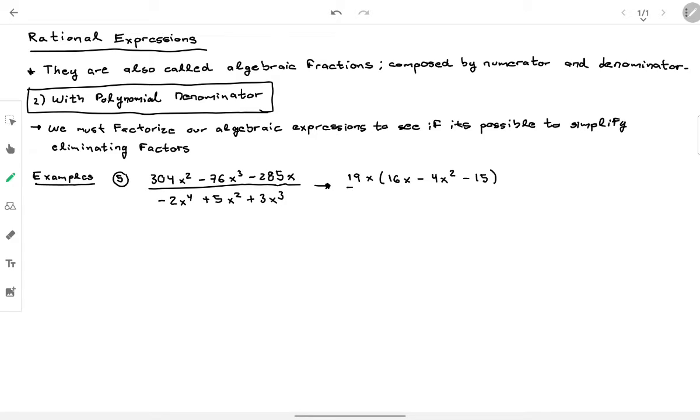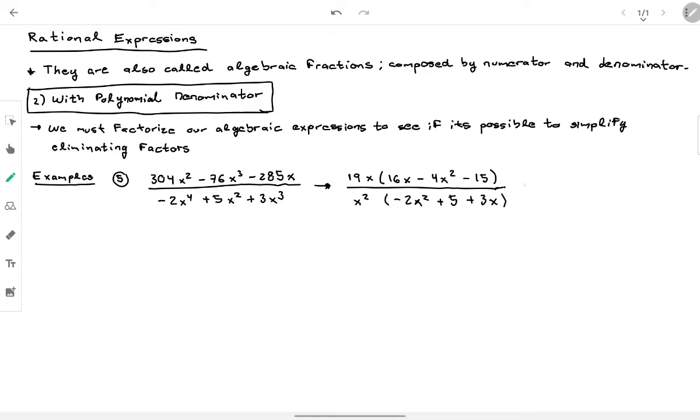And on the bottom, we can take out an x squared, and it's going to be minus 2x squared plus 5 plus 3x.